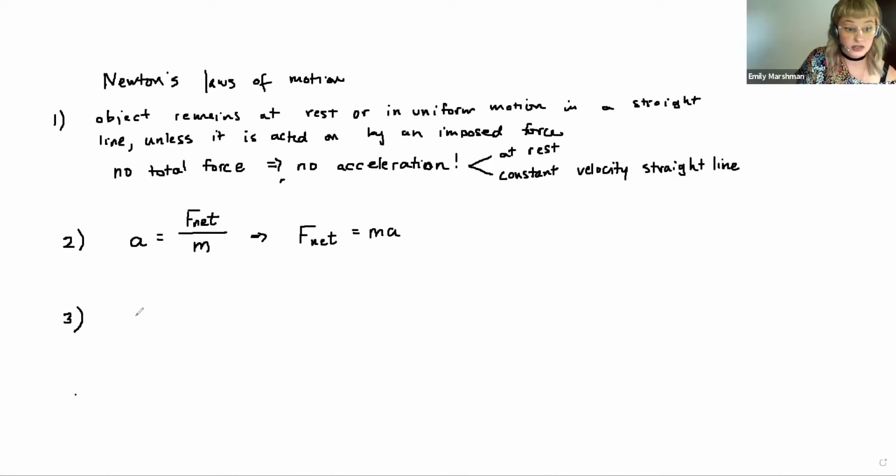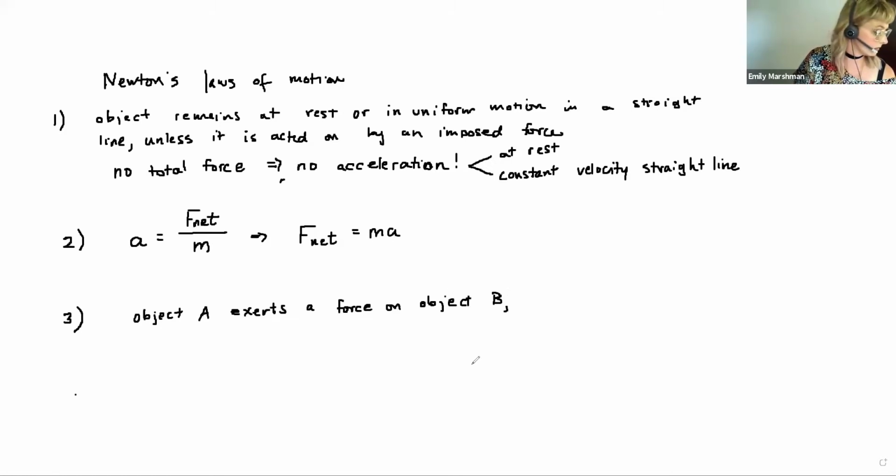If I have two objects, so object A, let's suppose object A exerts a force on object B. That means that object B exerts an equal and opposite force on object A.